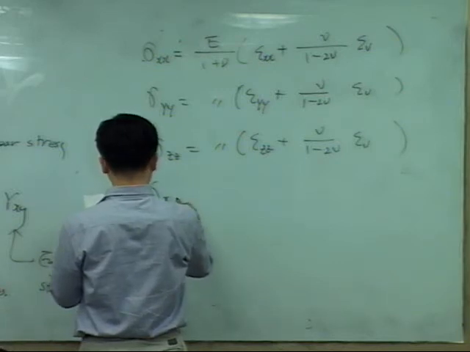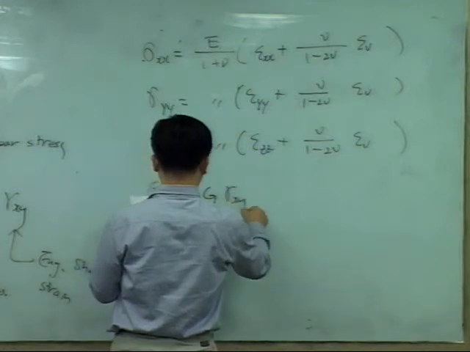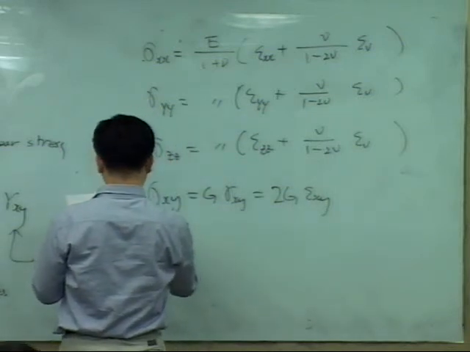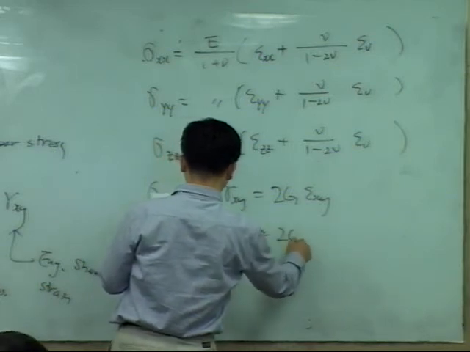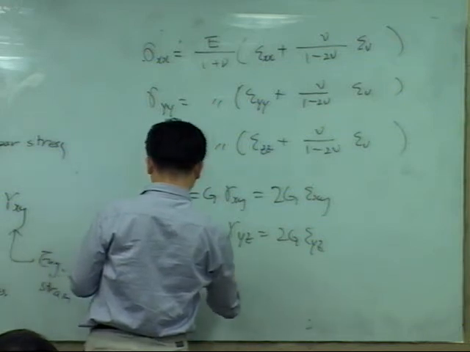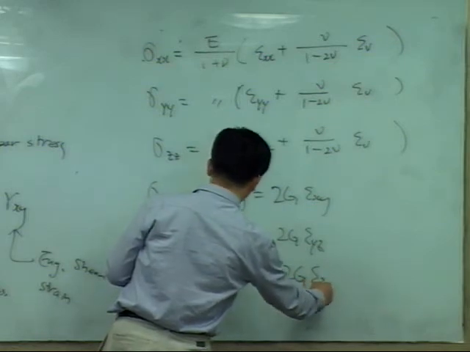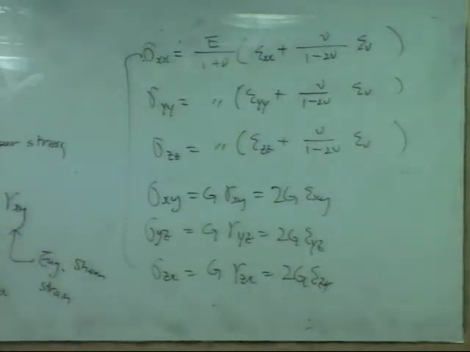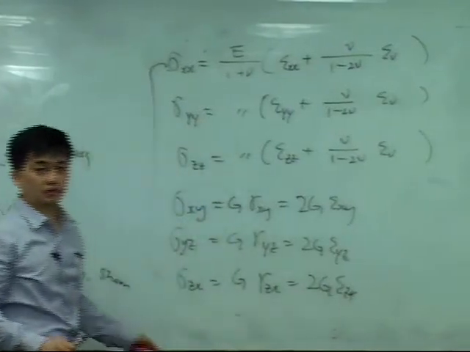So here I'm going to add sigma xy equals G gamma xy, sigma yz equals G gamma yz, sigma zx equals G gamma zx. This is a material law for the 3D case.